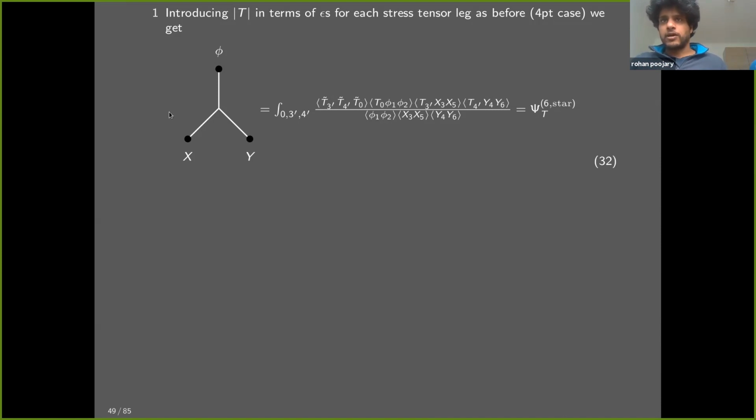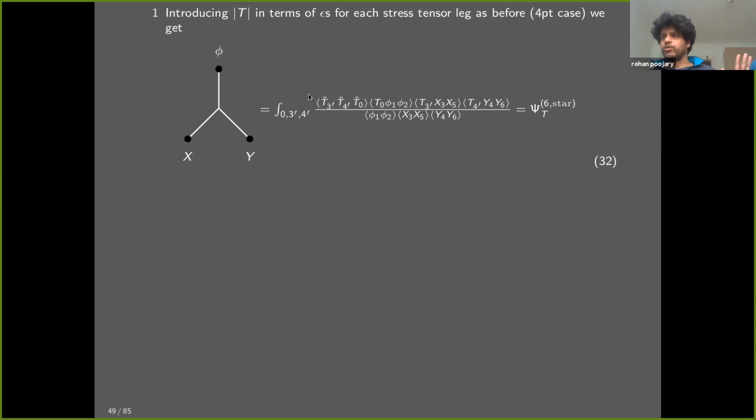So this is how exactly they evaluate it. Phi1, phi2 fuse to give T0 and T0 tilde; x3, x5 fuse to give T3 prime and T3 prime tilde; y4, y6 fuse to give T4 prime and T4 prime tilde. And you have to integrate over all the stress tensor exchanges, and you have a 3-point function of T tildes.